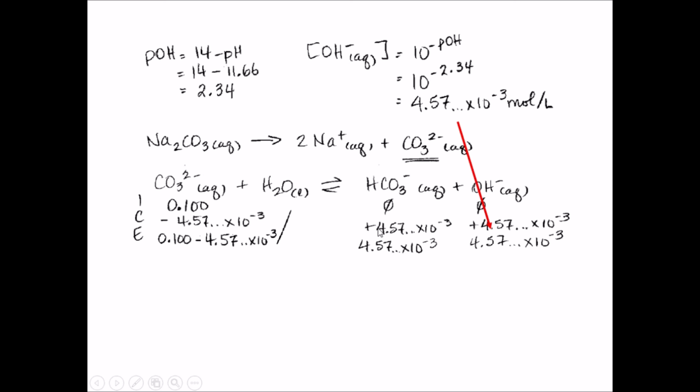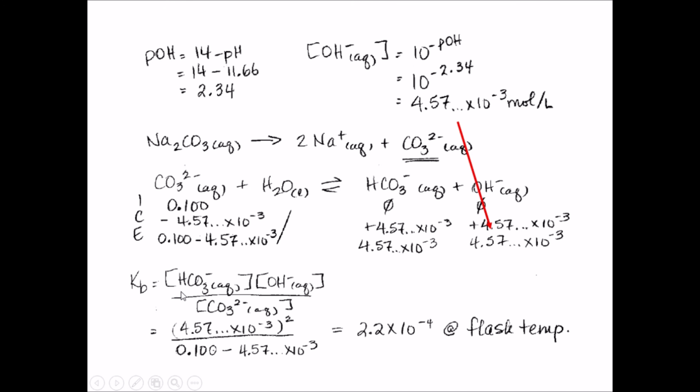And thankfully, it's a 1-to-1 ratio, so the change is the same value. Since the products started with 0, they have to gain. They are the positive change, making our reactants the negative change. Then we can simply complete our ice table and solve for the concentrations at equilibrium for all species.